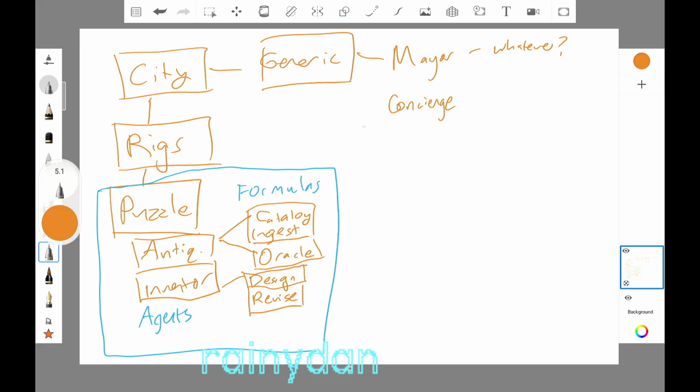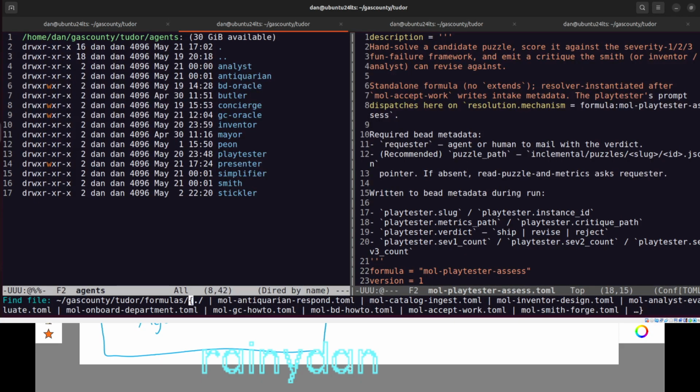So, pointing to this rig a little bit, it knows the yellow pages. Over on the left here, we've got the list of all of the agents and the different things they do. So it knows, because it's up at the city level, and because of the way that Gas City structures its agents, all the agents are visible to all of the rigs, and the concierge, in order to direct work appropriately, needs to know about all of the capabilities that are available in the city.